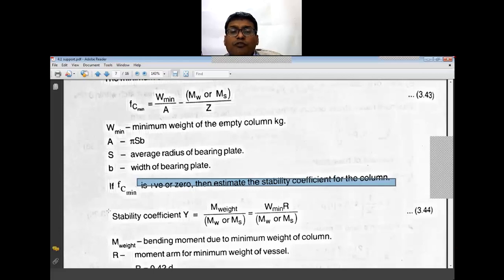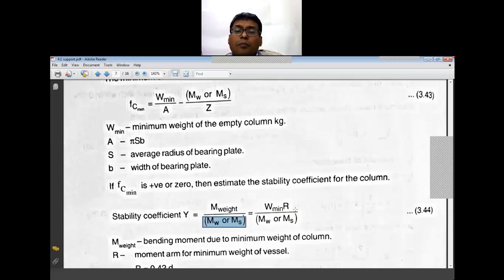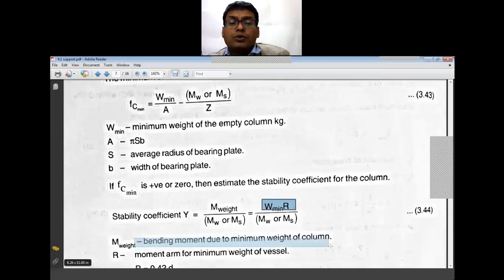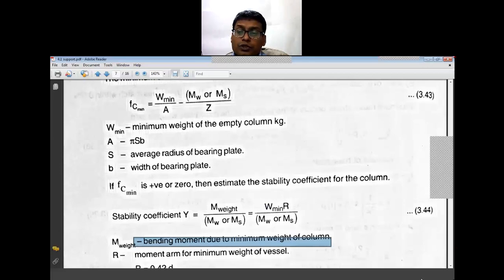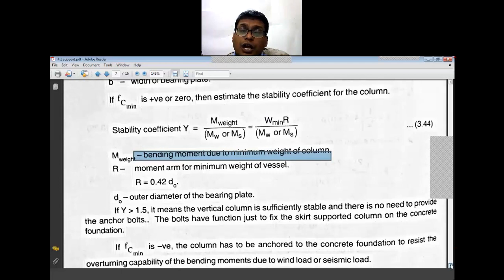The stability coefficient is nothing but the bending moment because of the weight upon the bending moment because of the wind or seismic load. So it is W minimum into R upon Mw or Ms. Here the bending moment is due to the minimum weight of the column. The vessel should remain stable even in the empty condition, without contents, if it is exposed to the air. So the bending moment due to the minimum weight of the column is to be taken into account.